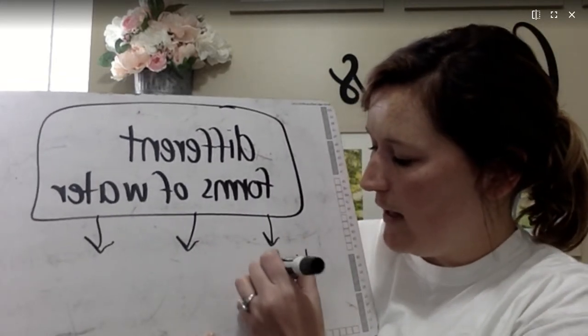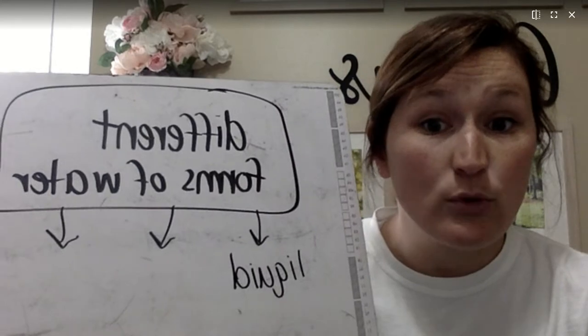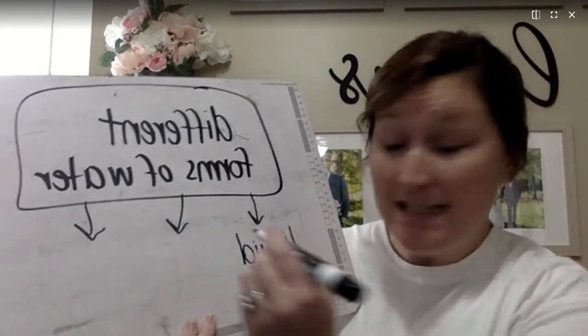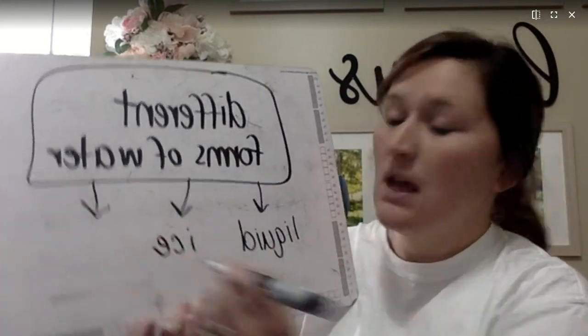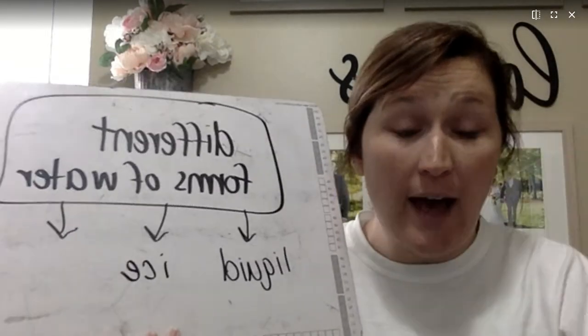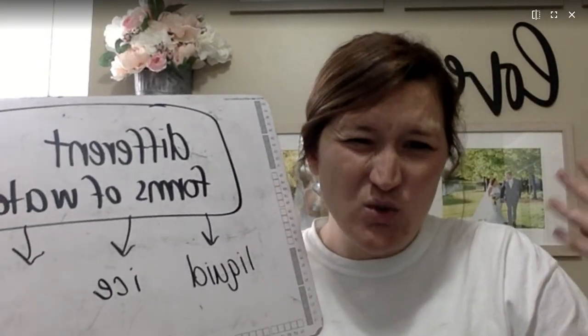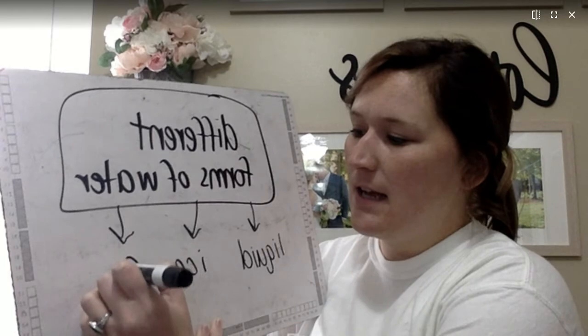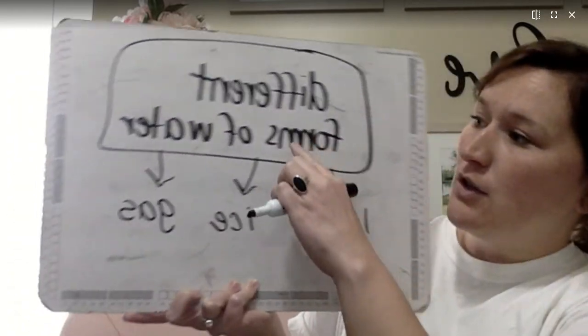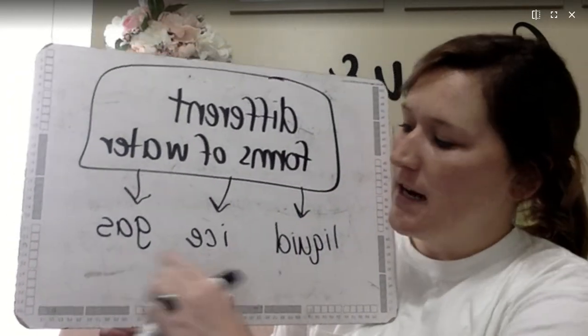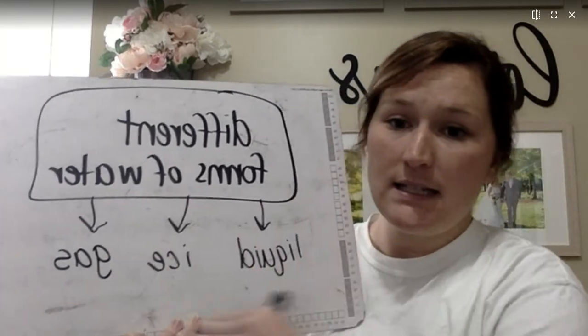Can be a liquid. When it's frozen, it can be ice, right? And when it's in the air, when it's evaporating after it rains and stuff, and it feels really muggy outside, it's a gas. So your different forms of water are right here. These are our details, and they get together to make this whole main idea up here.